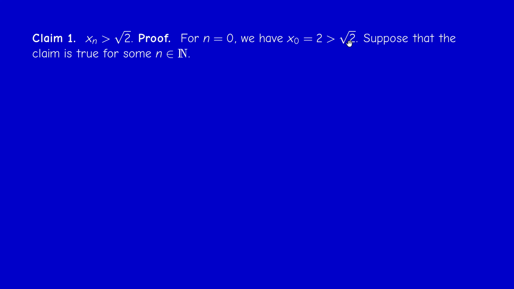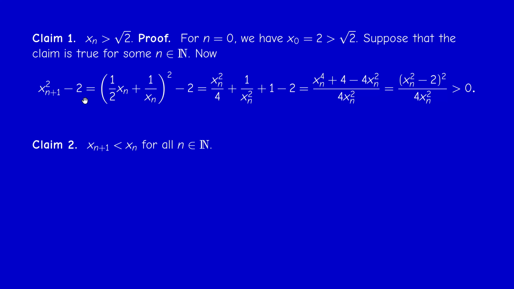And now we observe that this is a perfect square. So this is just (xn squared minus 2) squared over 4 xn squared. And this is strictly positive, because of my assumption. So by induction, taking the roots, xn will be bigger than radical 2.